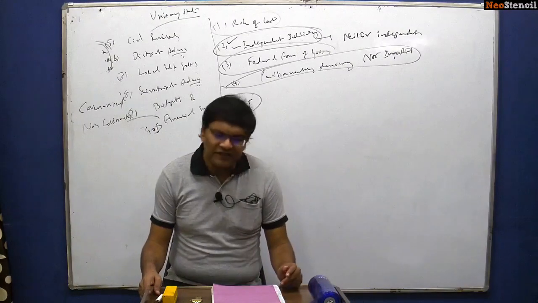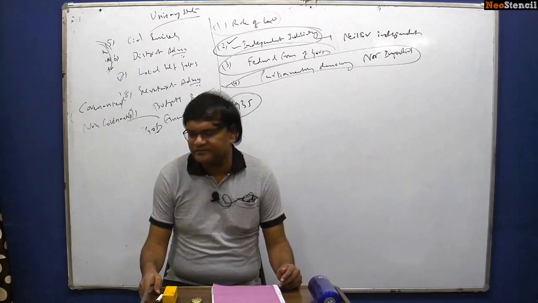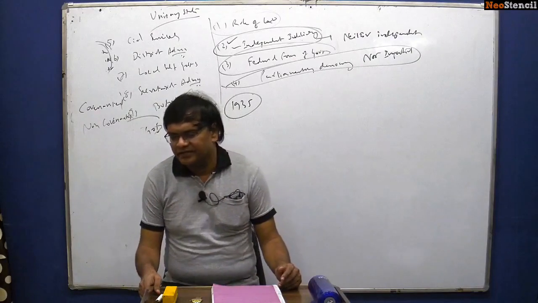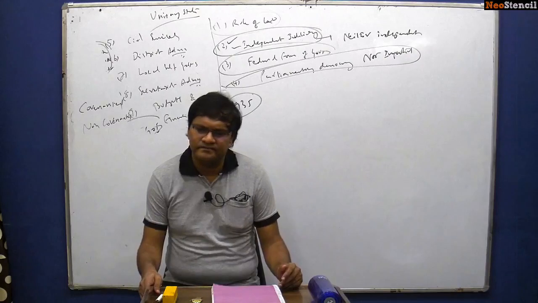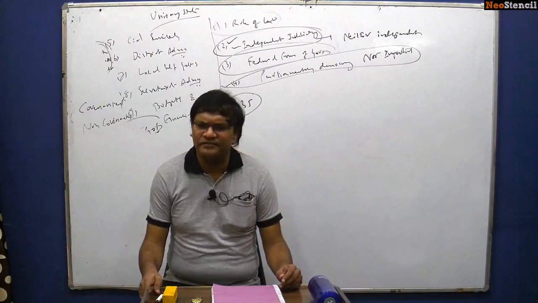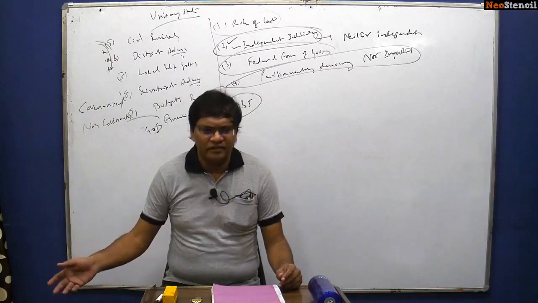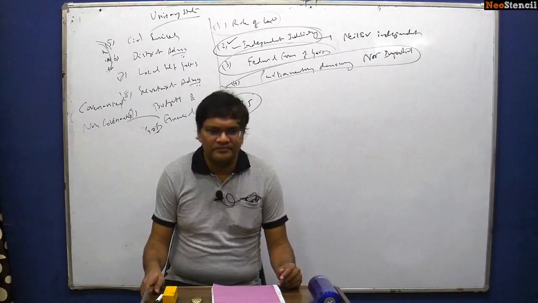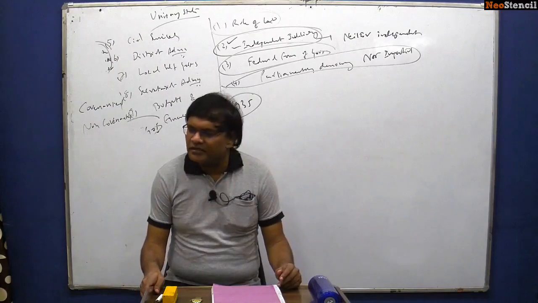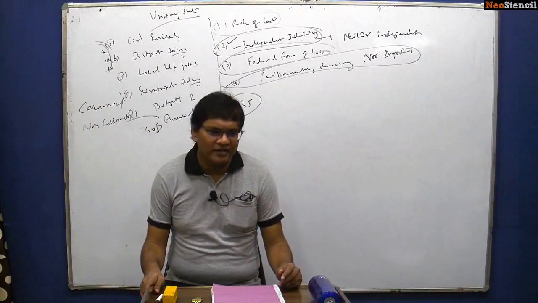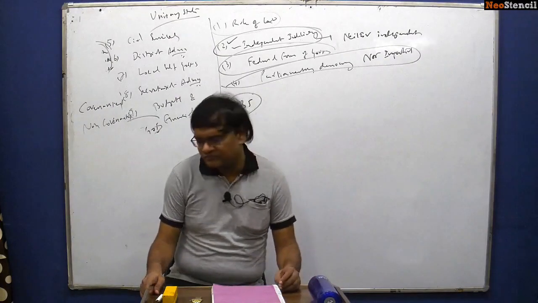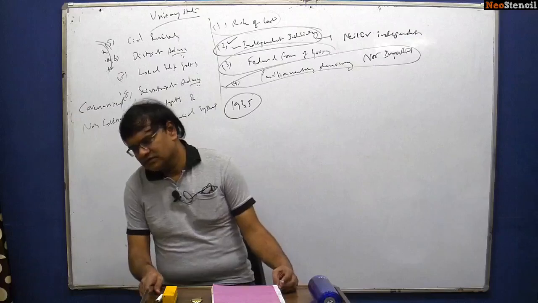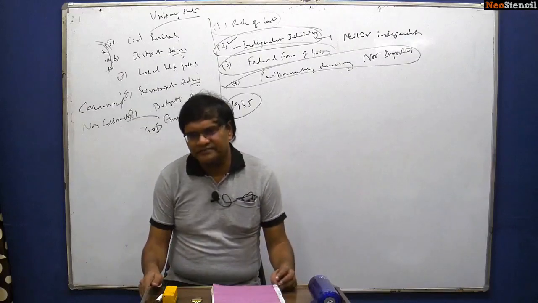The third one they introduced was subordinate services. Subordinate services means Group 3 and Group 4 services. Peons, gardeners, cooks, clerks, all of them. That is what they had introduced.